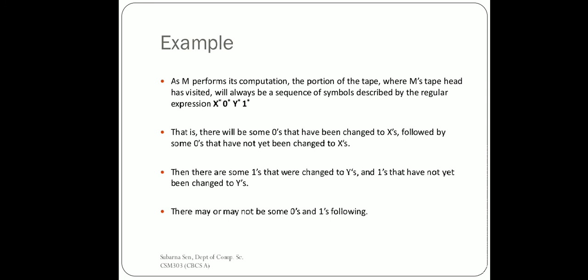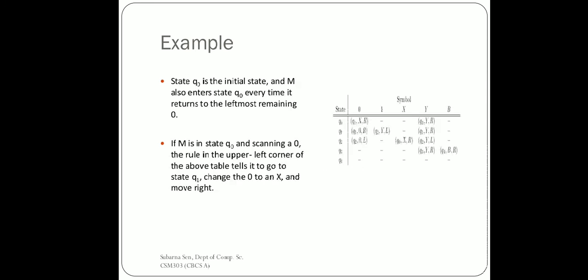Now let us see how this transition table has been built. Initially we are at state q0. You can follow the table given to the right, and if you find it hazy, you may consult the study material, or see the slide where the picture is much clearer. This initial state is q0, and M also enters state q0 every time it returns to the leftmost remaining 0.